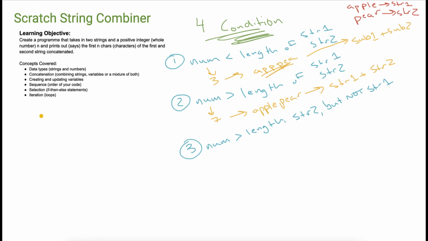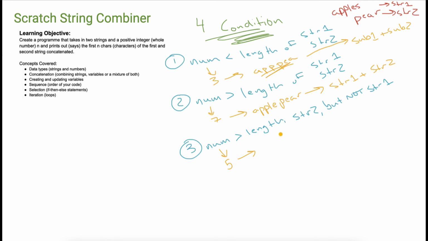And that's actually a bad example. Let me do this real quick. Just for this example, let's change apple to apples, plural, because that's a better example. Okay, so let's say we type in for num the number 5. Here's what should happen.